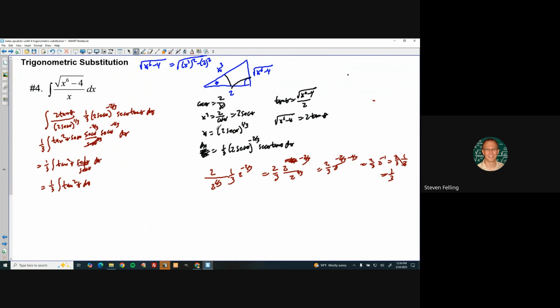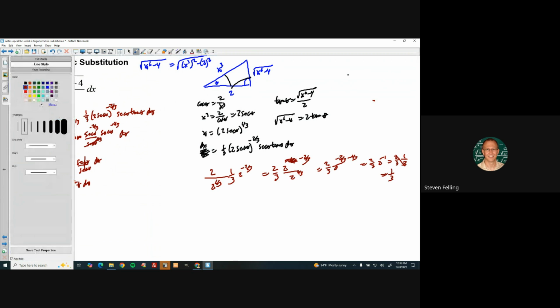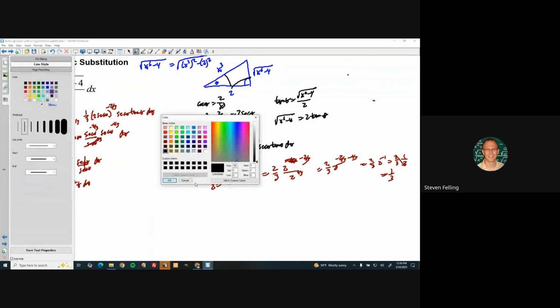Okay, so how do we handle tangent squared? Well, what if we just try to go to secant? Because, yeah, let's try integrating here. I'm going to change colors a little bit. A lot of color on the screen.